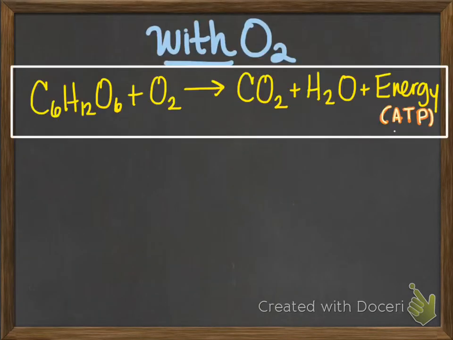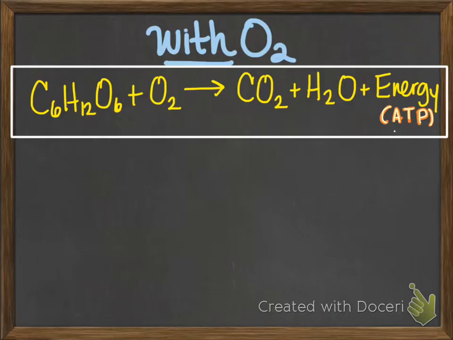All right, quick overview review. With oxygen, lots of kinds of cells can perform aerobic cellular respiration, where they take glucose, C6H12O6, combine it with oxygen, and out of that create energy in the form of ATP, and as a byproduct, create CO2 and water.